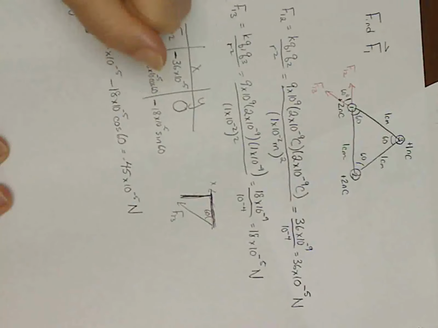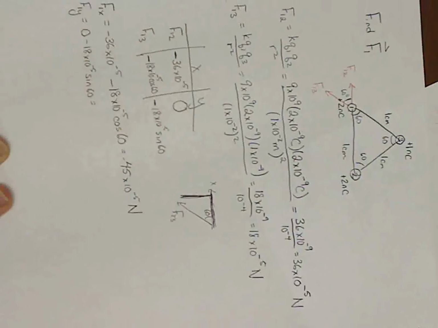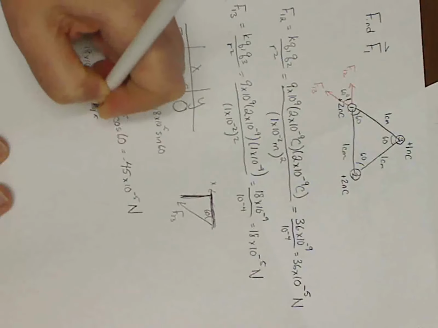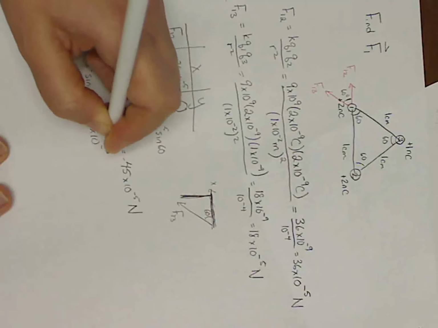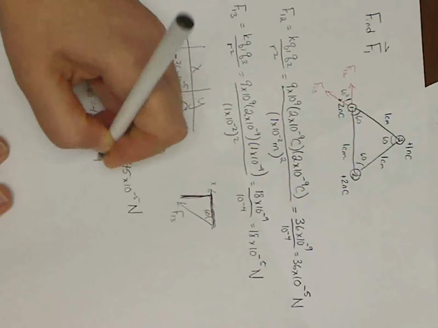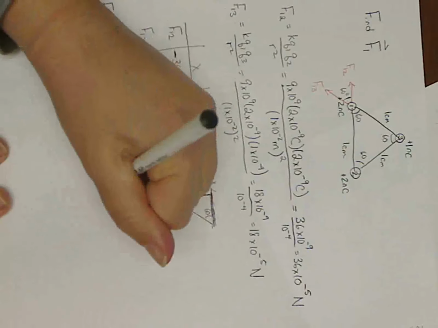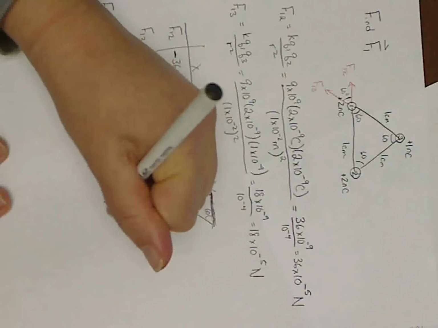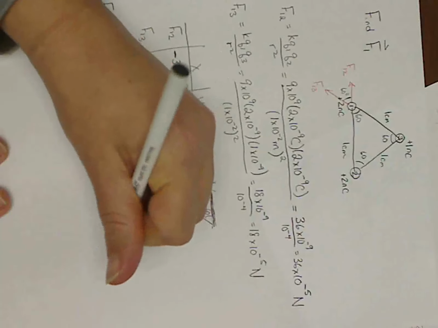I've got 0 minus 18 times 10 to the negative 5 sine of 60. Sine of 60 is root 3 over 2. I get negative 1.56 times 10 to the negative 4 newtons. Let me put that in the same unit, so that's minus 15.6 times 10 to the negative 5 newtons.